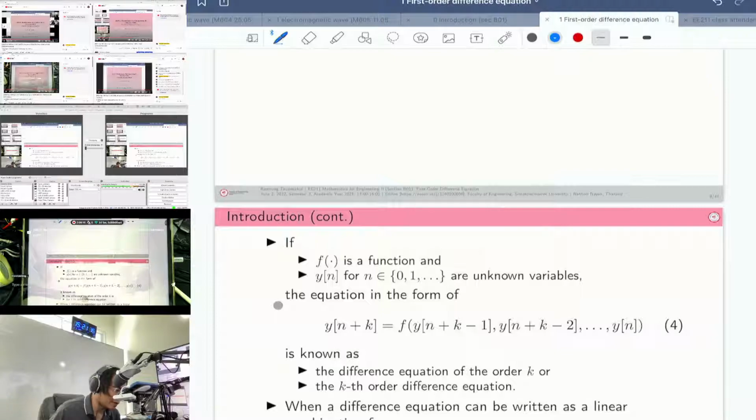Let's take a look at the equation y n plus k as a function of y n plus k minus 1, y n plus k minus 2, until yn. It is known as the difference equation of order k, because you have maximally the difference in terms of k here on the left hand side. It is also known as the k-order difference equation.